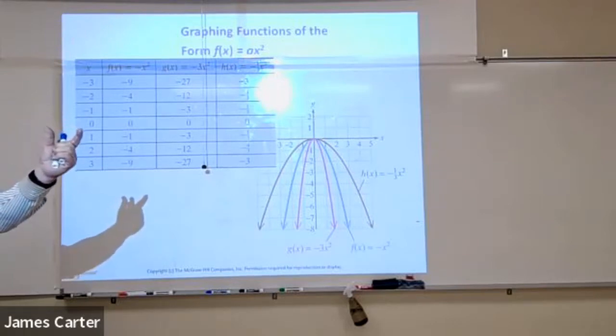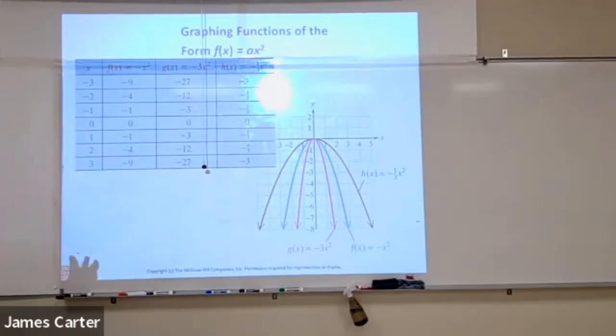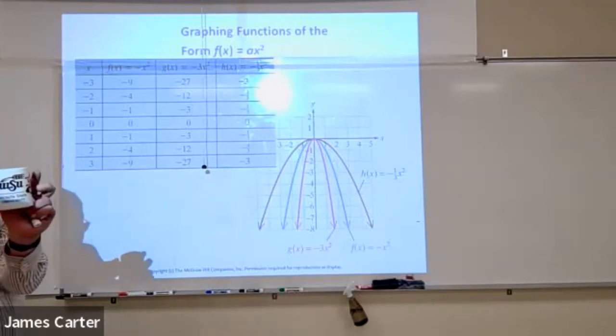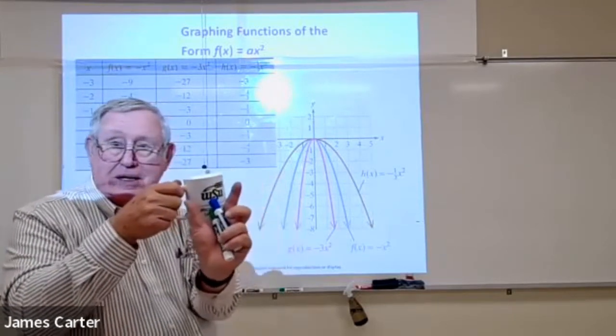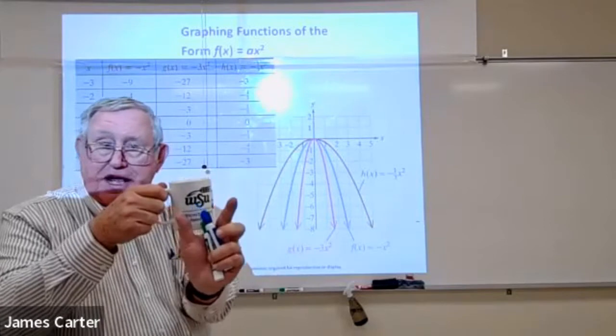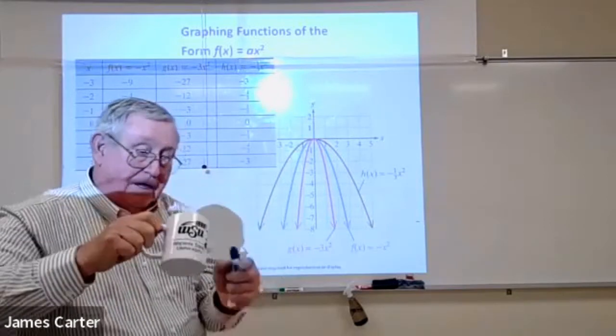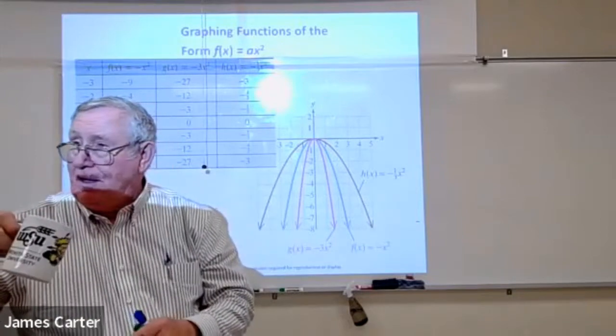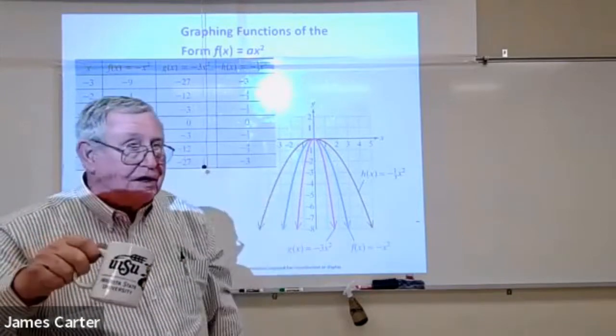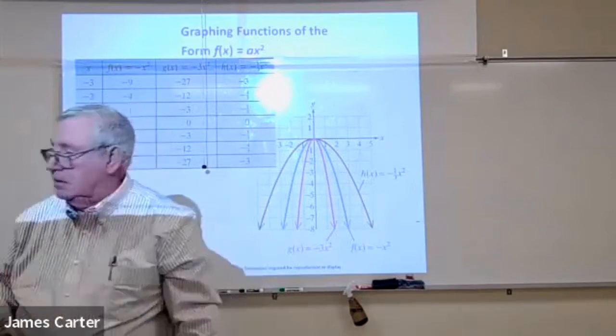Now, one silly way to remember that, and I can't do that because there's some water in this cup. If the first term is positive, this cup will hold water. But if the first term is negative, and like I said, I'm not going to do it because I don't want to have to clean up the mess of water on the floor, then this thing would be inverted. Okay.